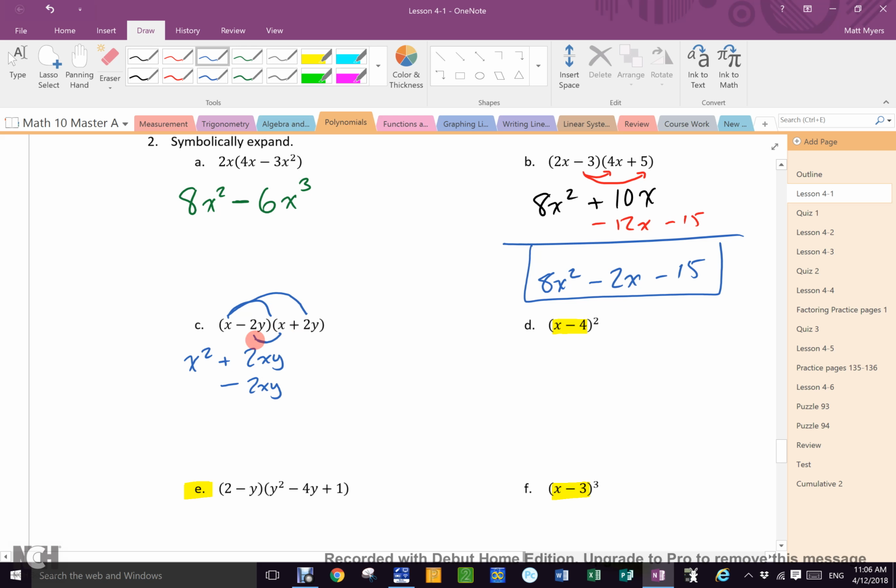And negative 2y times 2y? Negative 4y squared. Then gather it up. What's 2 take away 2? 0. 0 minus 4? Negative 4y squared. Yeah?